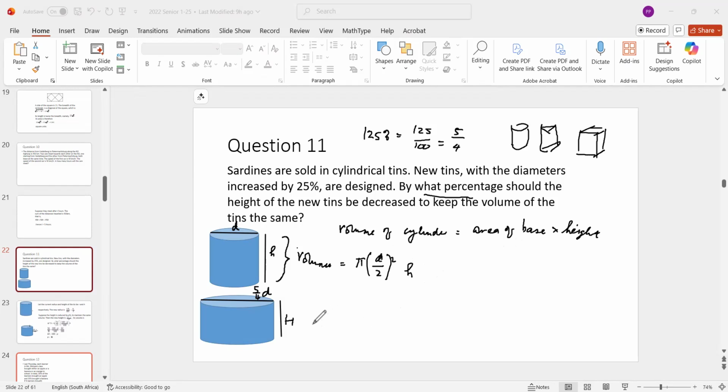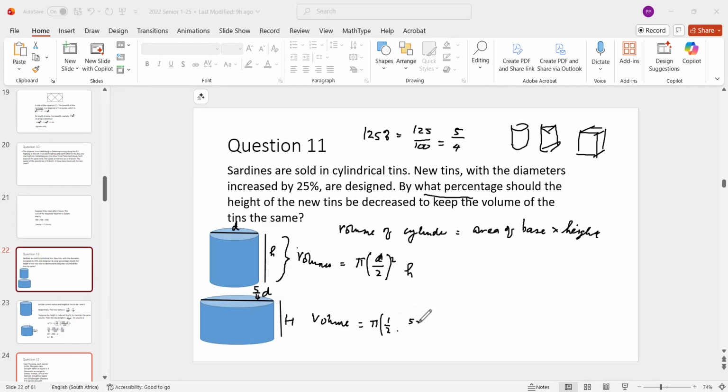Now here, the volume here is, again, but now the diameter is 5 over 4. So it's half of 5.